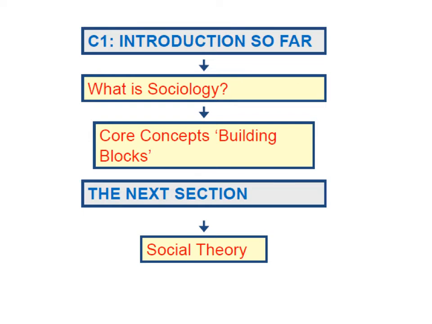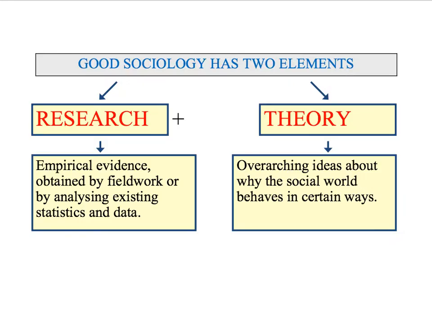The second key question that we're going to explore in this introductory screencast is, what are the main ways in which we categorize the range of theories that you will come across in a sociology course. Now, good sociology, I think, has to have two key ingredients.